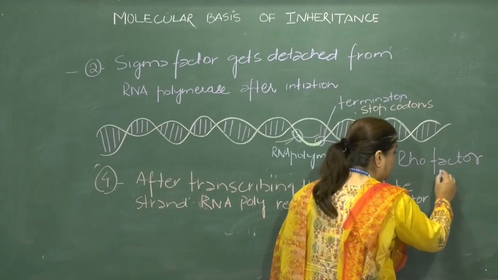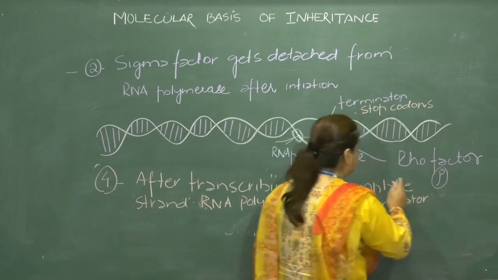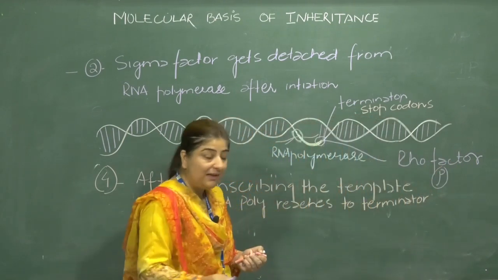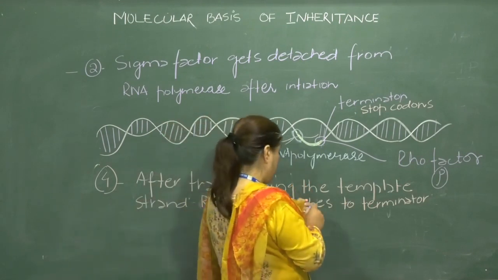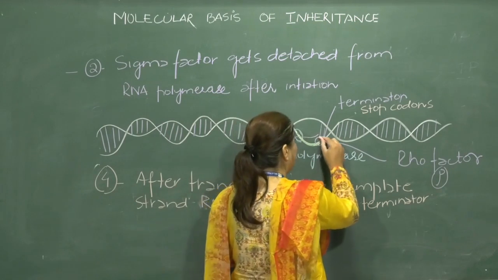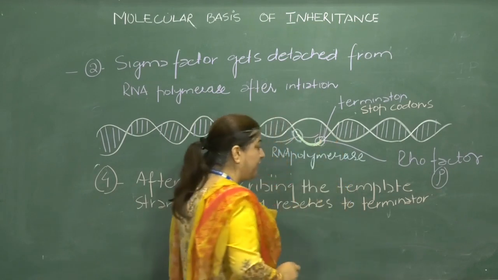We write this rho factor like this. This rho factor gets attached to the core enzyme of RNA polymerase.